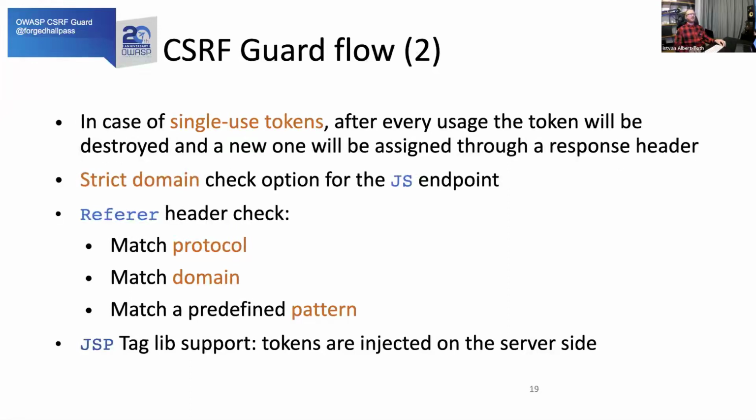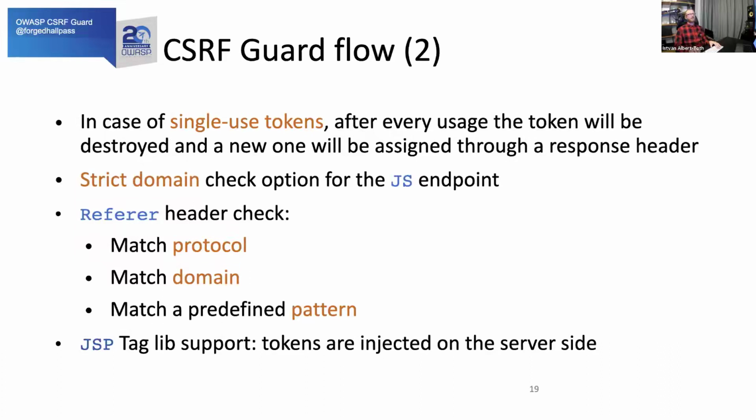Also, there's a referrer header check that you can enable that would also require a matching protocol and a matching domain, and there is an option to define a pattern, a regular expression, that would act as a whitelist for the origins that are accepted.